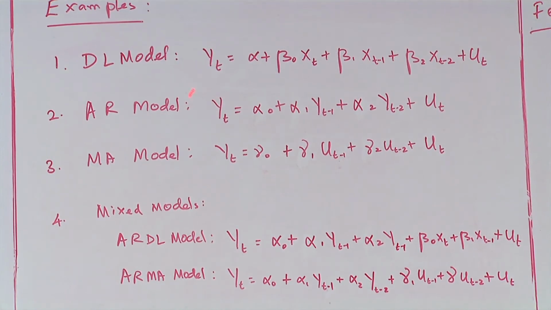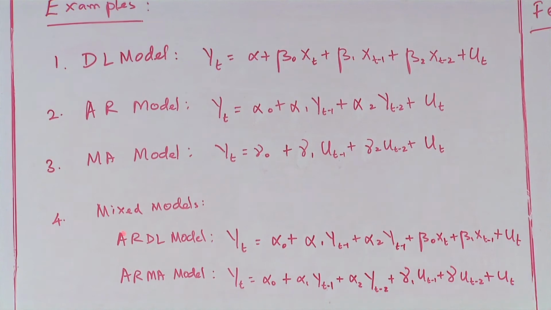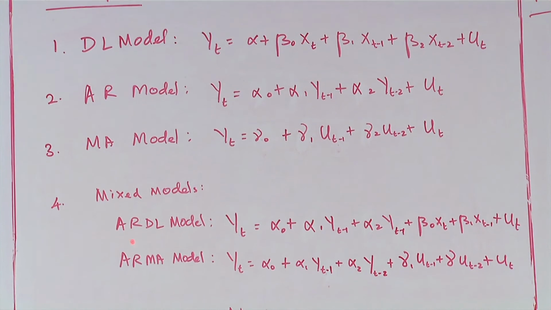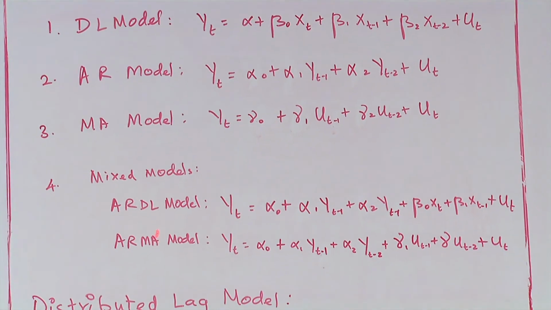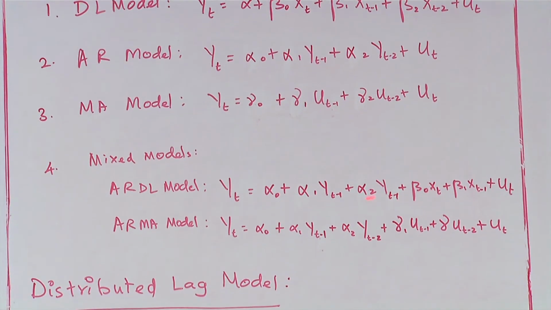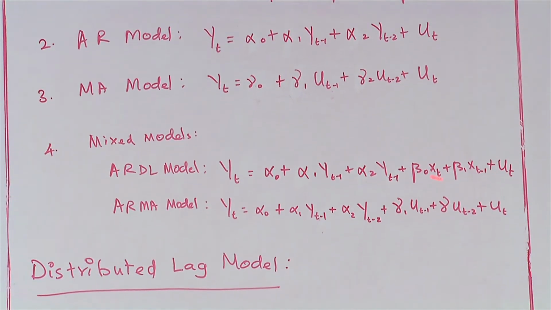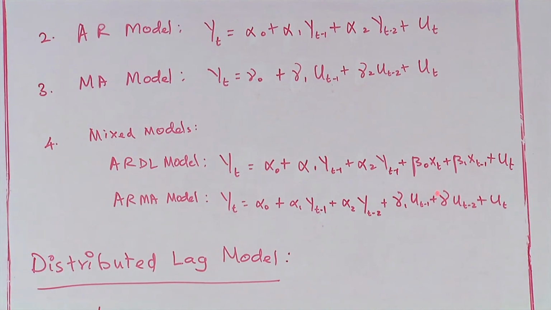So, these are all called pure models, and we may mix them to get the mixed model, the ARDL model. This ARDL model will have a mix of AR terms and DL terms. So, we have two AR terms in this model and two DL terms. So, this is called the ARDL model.